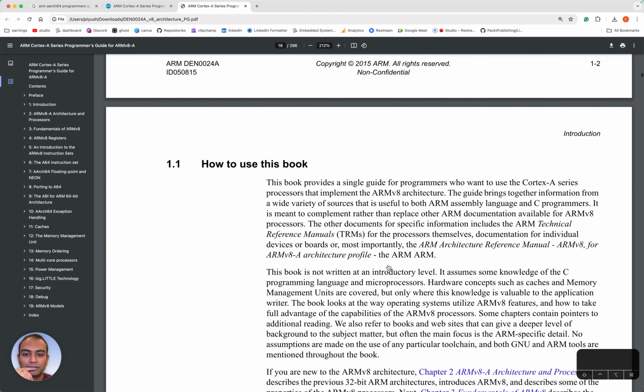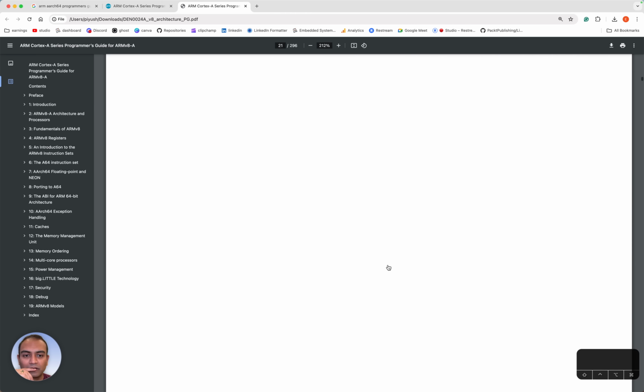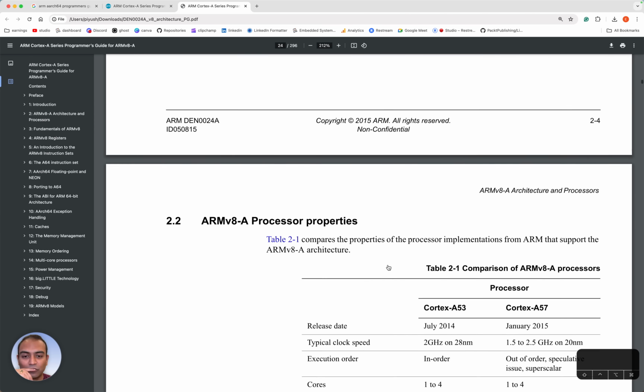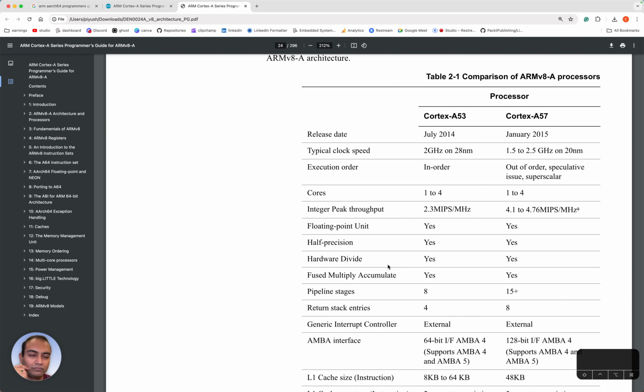All right. So one thing that I wanted to talk about is to revisit the discussion on architecture and microarchitecture. If you notice here, they're talking about two processors: one is the A53 and the other the A57.